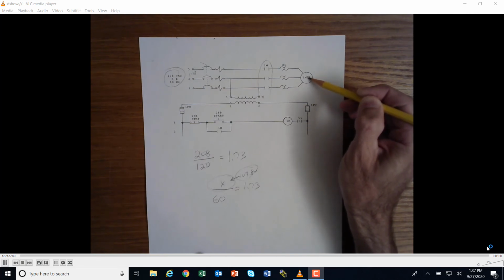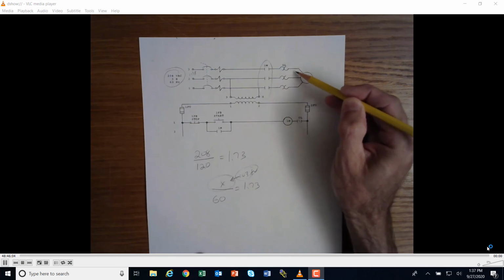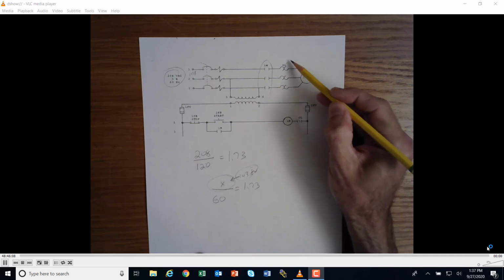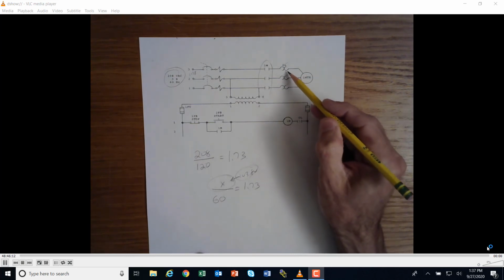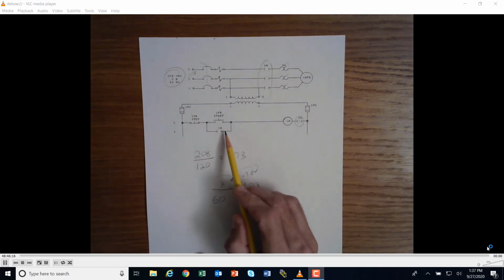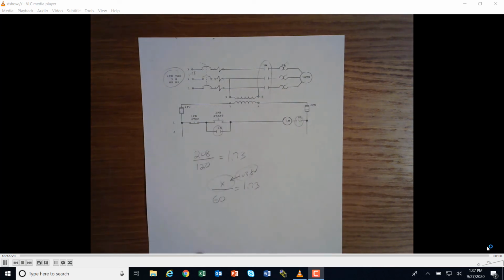But in this case, what we would hope would happen is that it started running hot and it was trying to do the work, but it just didn't have enough voltage. Maybe these overloads would get really hot, causing this circuit to open, causing this to open, and causing these to open and shutting it down, okay?